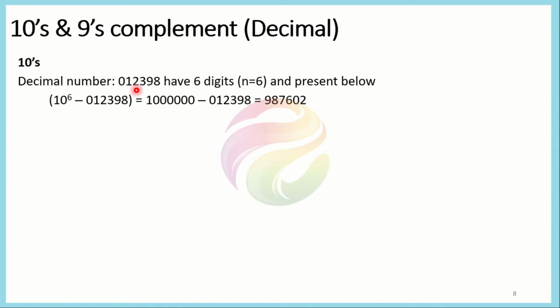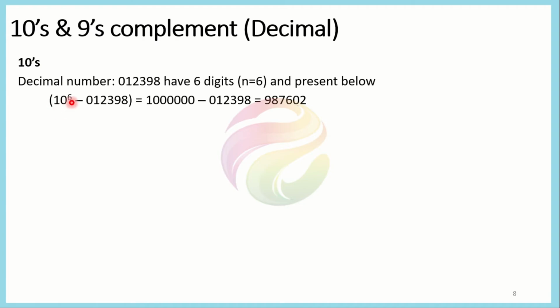Say we have a decimal number which is represented here as this one. In this case, this number is represented in a form of say 6 digits. So we simply apply the formula which we discussed in the last slide, because r here is equal to 10.